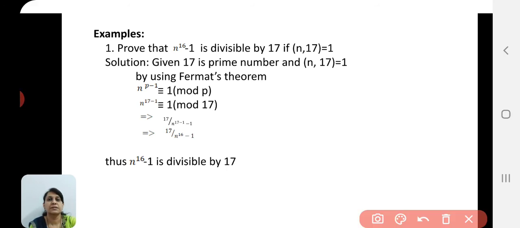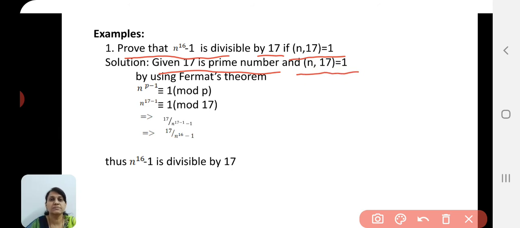The first example: prove that n raised to 16 minus 1 is divisible by 17 if (n, 17) equals 1. Given 17 is a prime number, and it is given that (n, 17) equals 1.